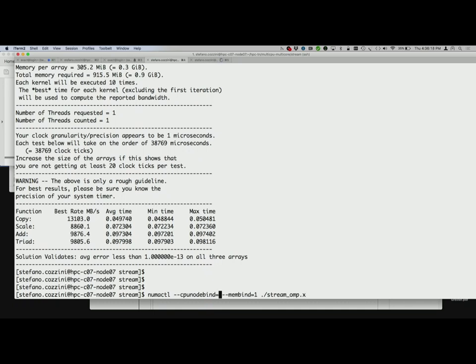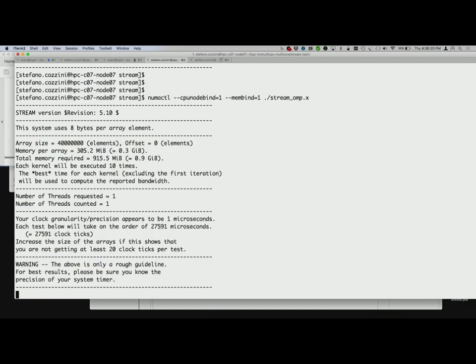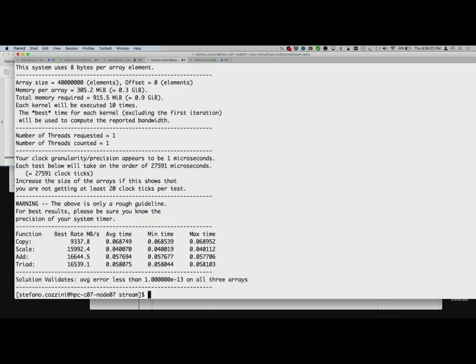Of course, then there is another point that we can see, in which CPU node bind and mem bind, you can play the other way around. For instance, when we executed this small benchmark and this small test on the cluster at CISA, we realized that on some nodes it's not symmetric.